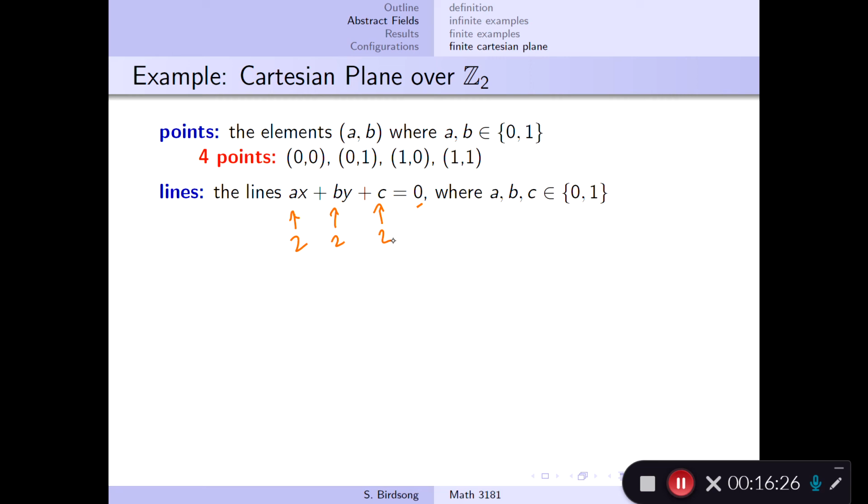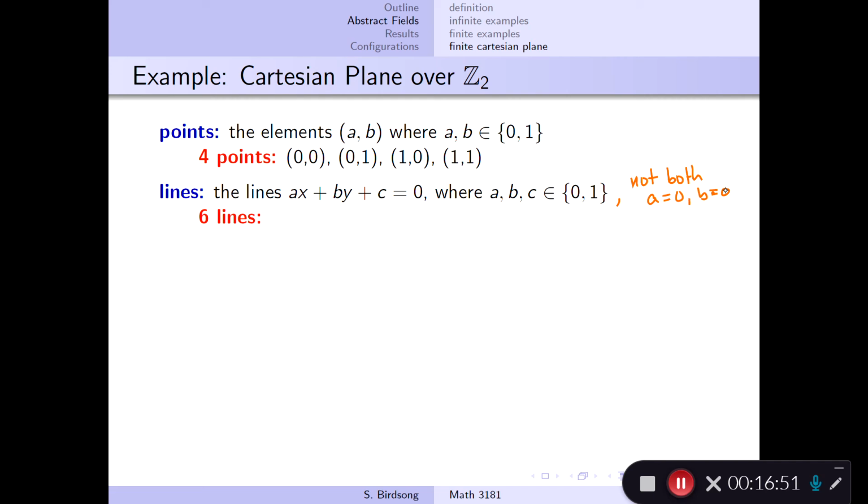There should be 8 lines in this Cartesian plane. Nope, turns out that's not the case. Instead, remember our caveat. Our caveat is you can't have both a and b equaling 0 at the same time. So I'm going to claim that there's actually 6 lines.